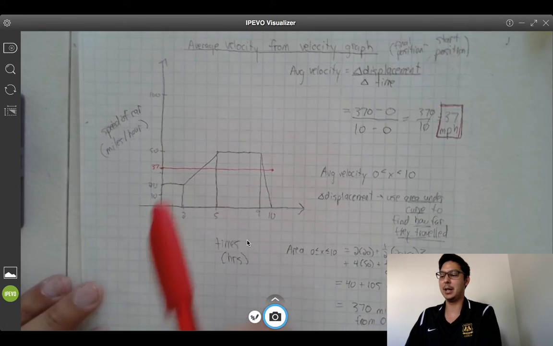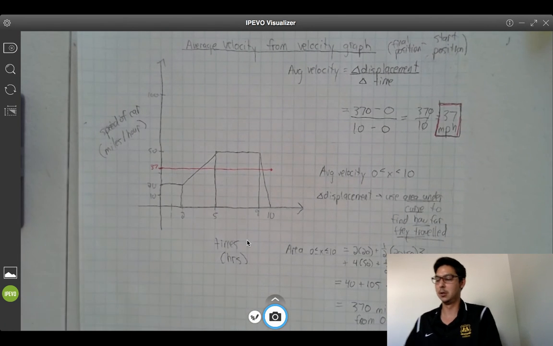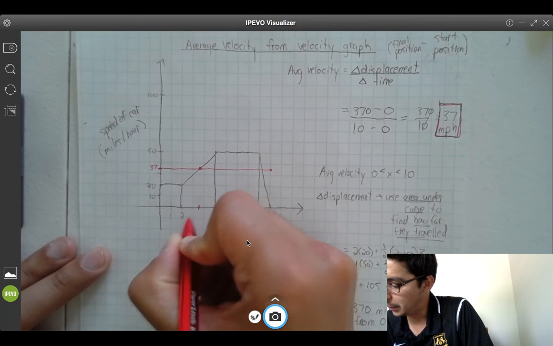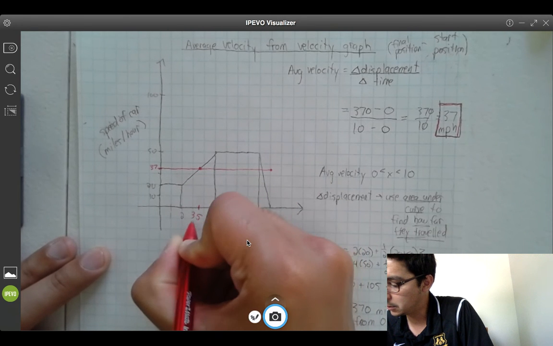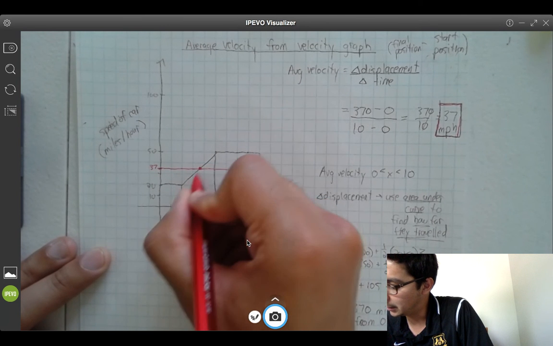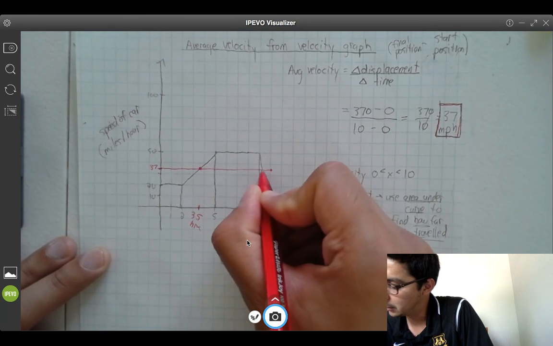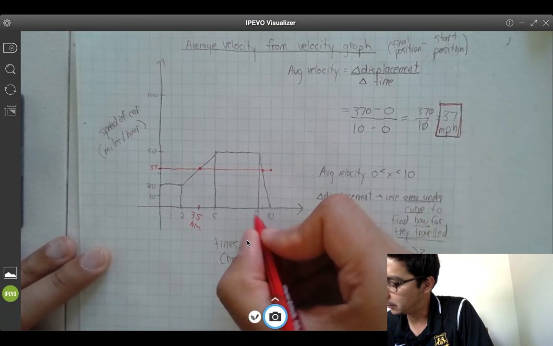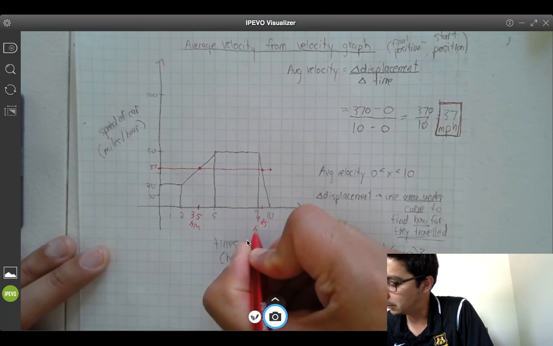Now, how many times did I go 37 miles an hour? Well, I went 37 miles per hour one time here at about 3.5 hours. And I went another time, because remember, I'm only looking at the graph here, don't get confused with my area under the curve, right here, when I was slowing down at about 9.25 hours.